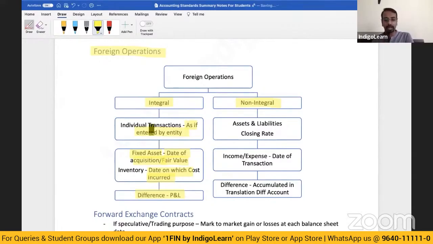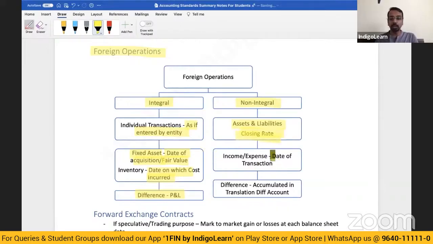When it comes to non-integral operation, all the assets and liabilities will be converted using closing rate. So here you are using the transaction rates, the rate existing on the date of transaction, or maybe you may be using a weighted average rate. Here you will always use the closing rate.